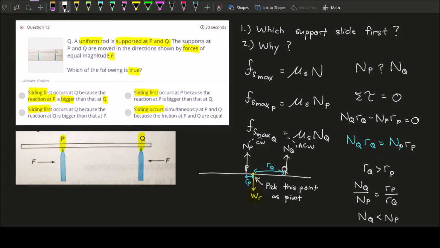So if NQ is smaller than NP, from this thing that we said just now, we can say that, oops, messing things up.